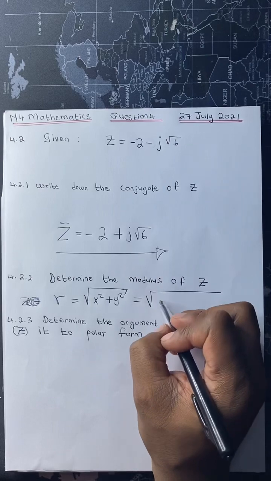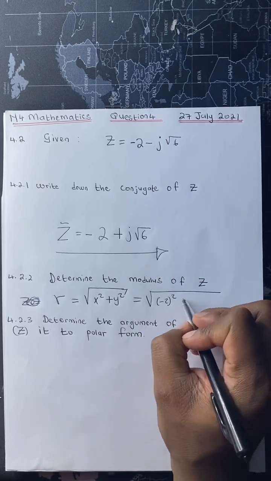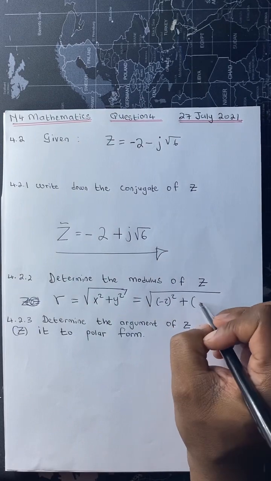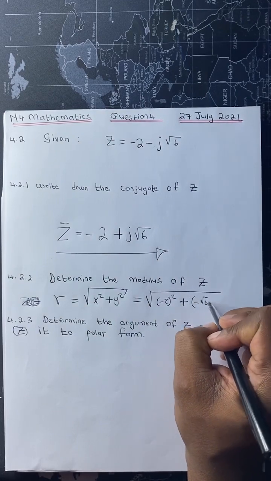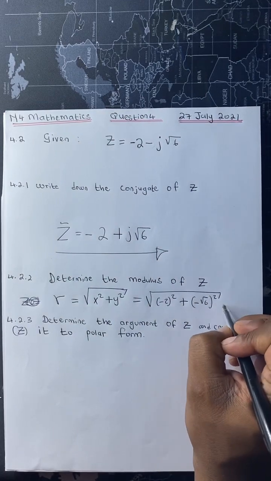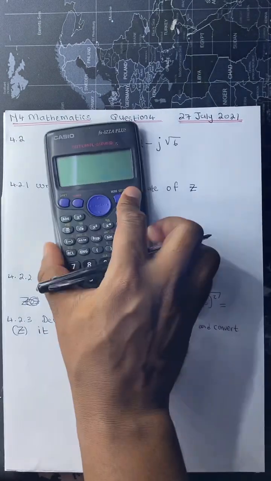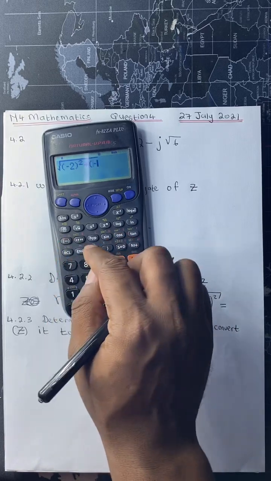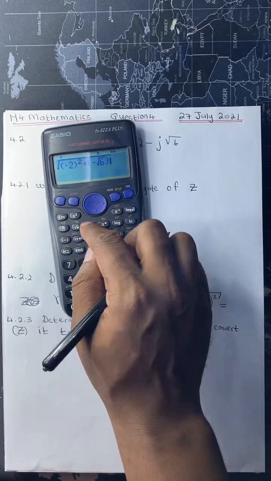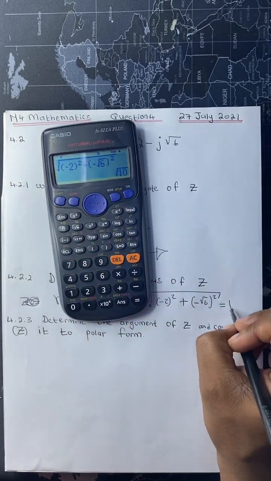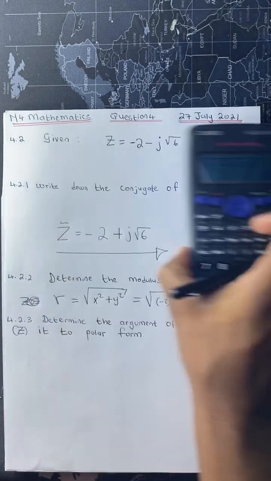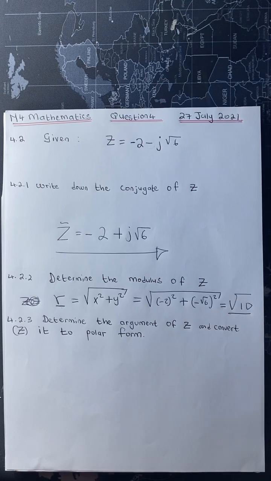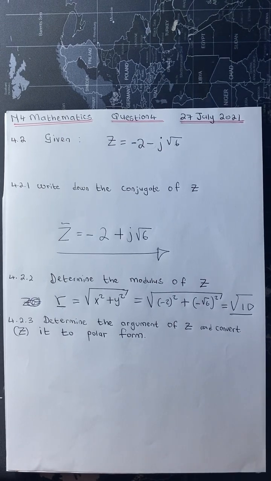Our x is equal to negative 2 squared plus our y is equal to negative the square root of 6 squared, and this will be equal to the square root of 10. So our modulus is our radius, and it's equal to the square root of 10.